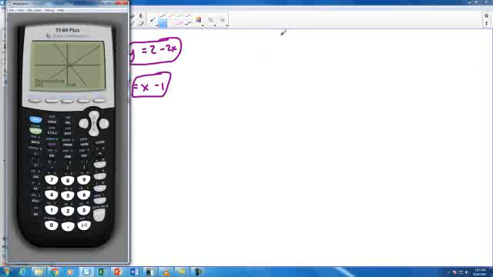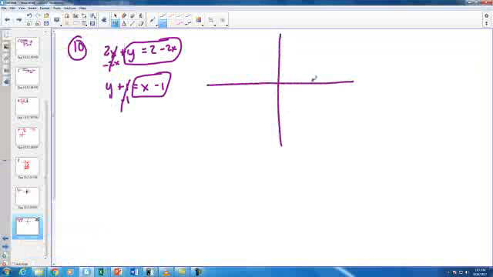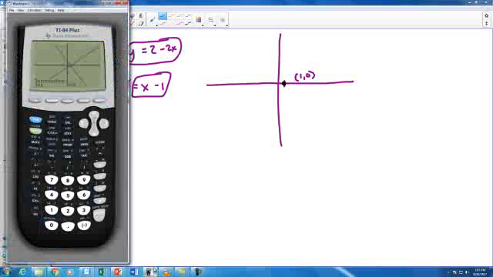So I didn't actually plot any points yet. I need to do that now. I know that at 1, 0, I'm supposed to have my intersection. So I'm going to come in here, put a dot right there. I need to graph the other lines though. This isn't very hard. If I want to graph the other information, I'm just going to go to the table. And if you look at 2, one of them's at 2, negative 2.